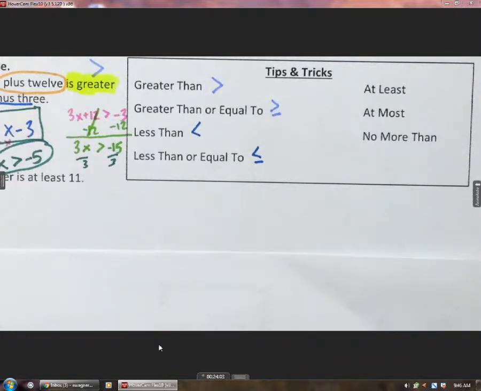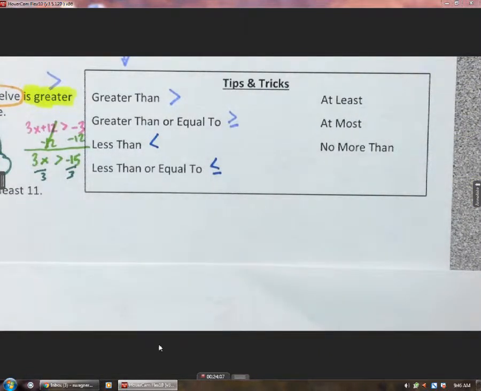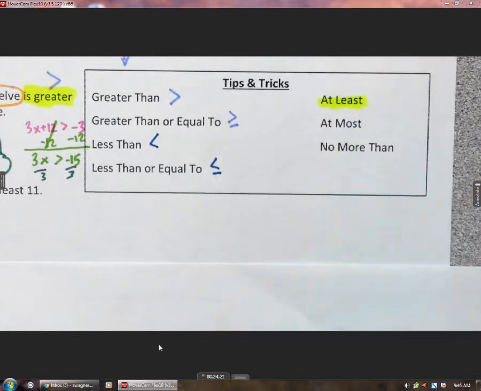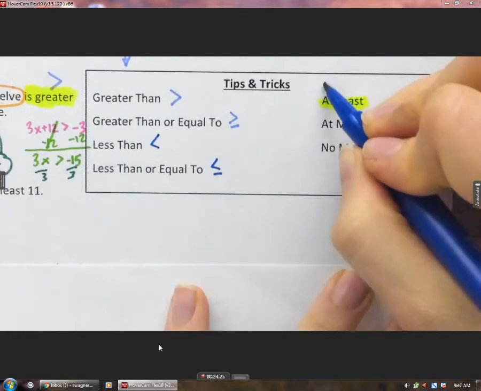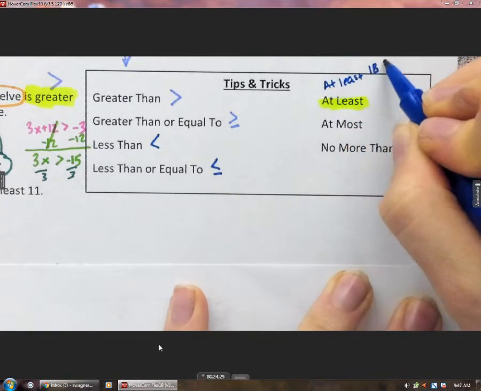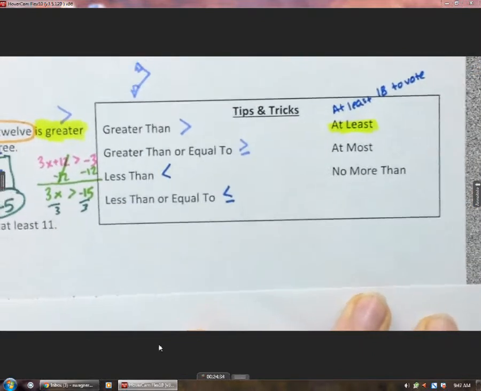These confuse me every time. I always have to think about it. Aren't they the same thing as greater than? These don't mean the same things as each other. So at least, here's the example I always use. You have to be at least 18 to vote, or at least 16 to drive.